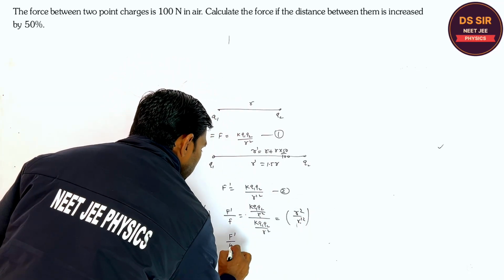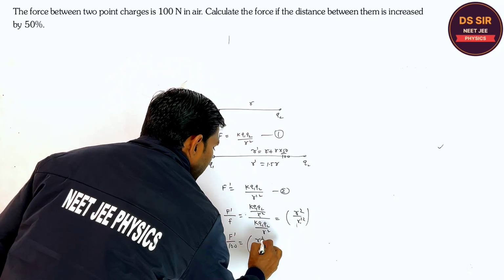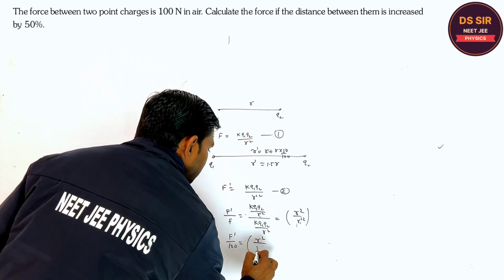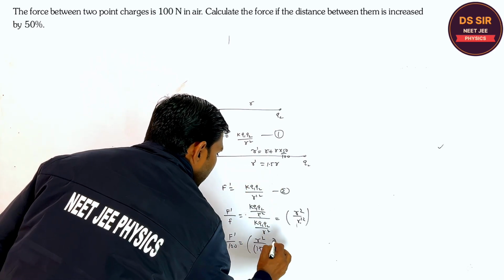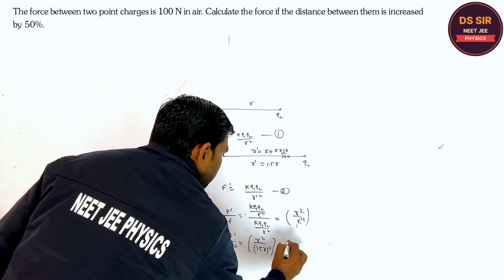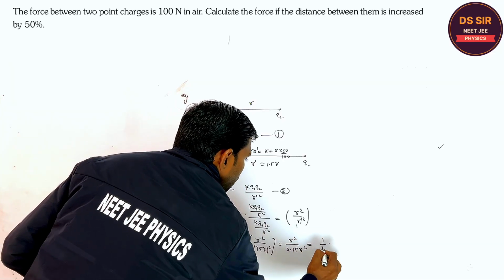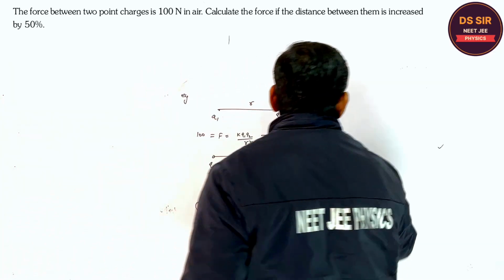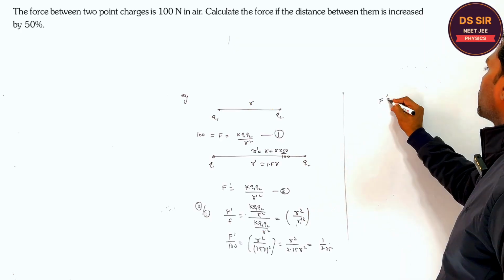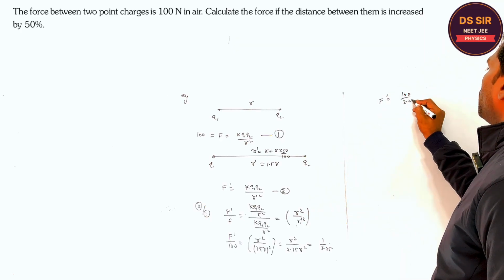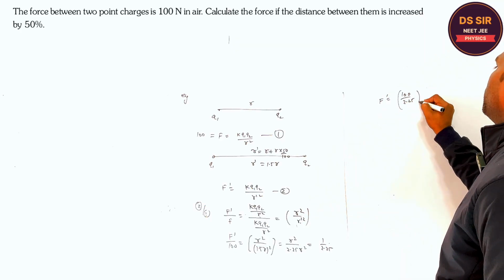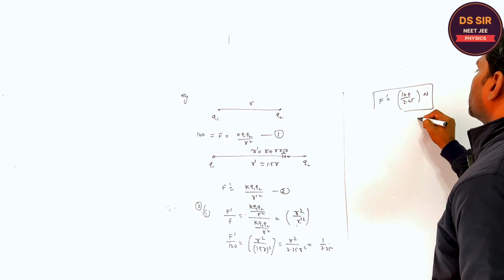Yes. F dash upon 100, the r is r, and the r dash is 1.5 r, whole square. Is it equal to 2.25 r square? 2.25. So F dash becomes 100 upon 2.25 Newton. You may simplify and you can get the answer.